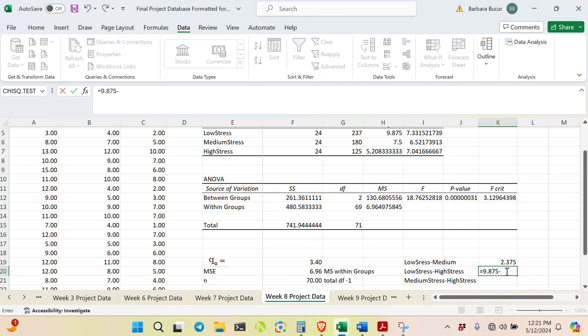We'll just round it 5.21. And then click enter. So that's the difference between the low stress and the high stress group. And then for the medium stress, we'll type equal, and then the mean of the medium stress is 7.5 minus high stress is 5.21.